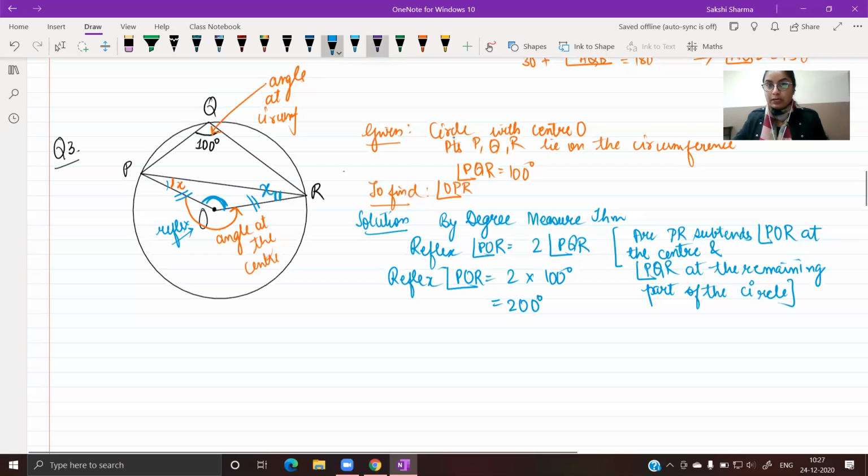This is the first step that I'm doing here. Now with the help of this reflex angle, I'm going to find out the measure of angle POR. This will be 360 degrees minus the reflex angle POR. This is the interior angle of triangle POR.